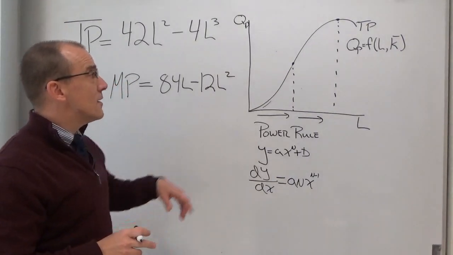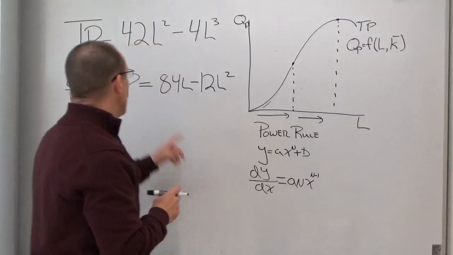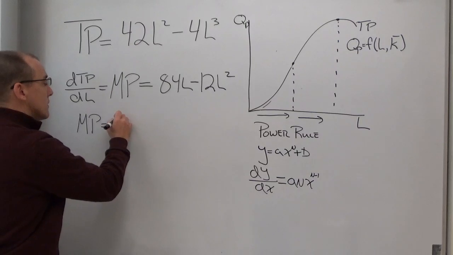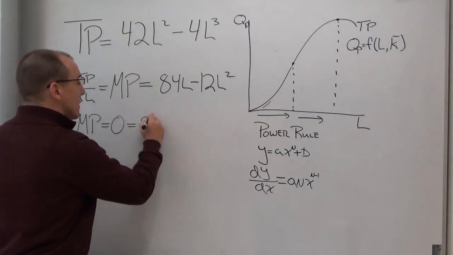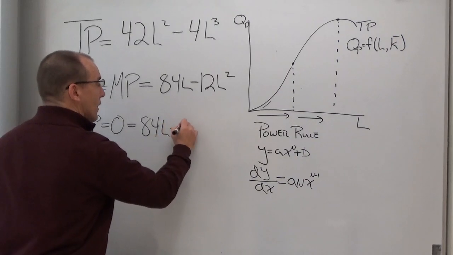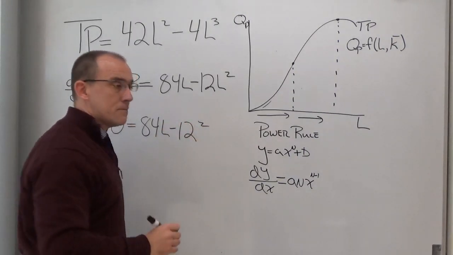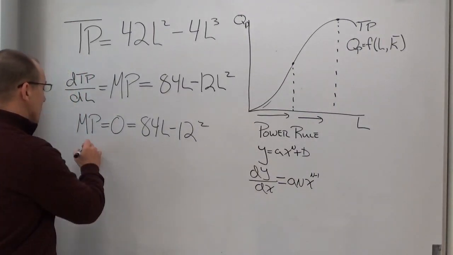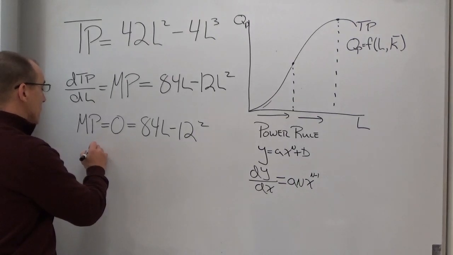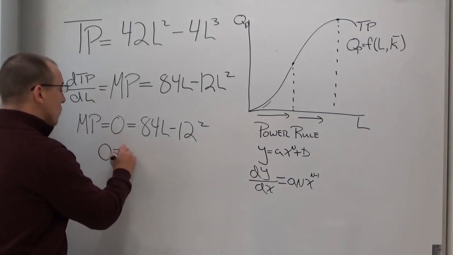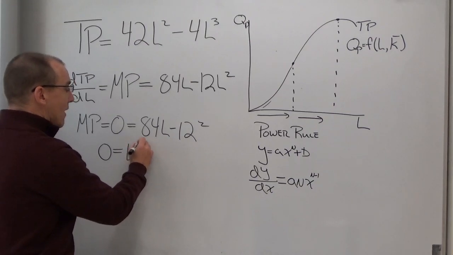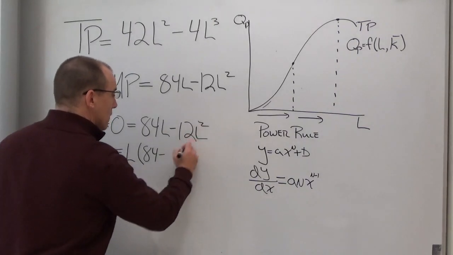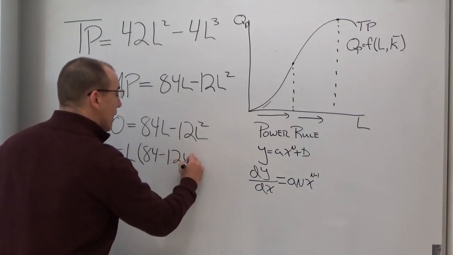What we're interested in here is finding this point where my marginal product equals 0. And this is my equation, 84L minus 12L squared. Well, I can do a little bit of algebraic manipulation here and change my equation: 0 equals, factor out an L, 84 minus 12L.